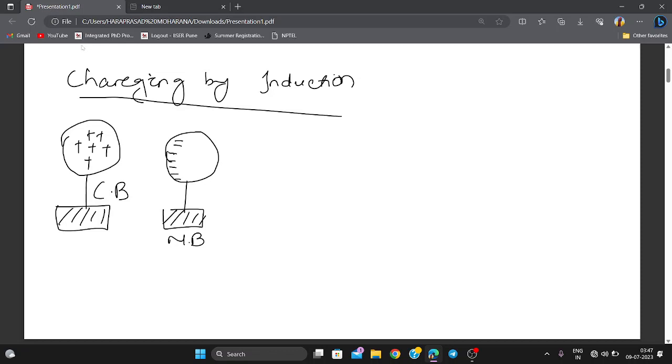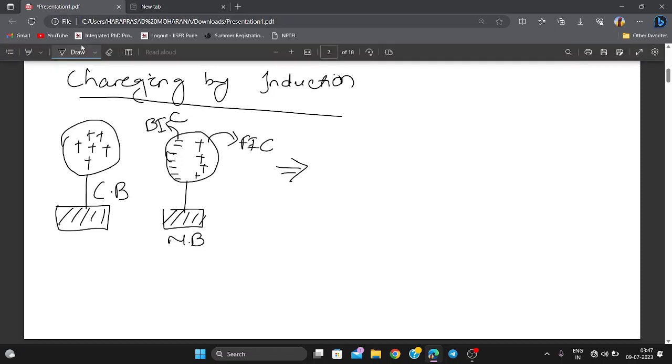Okay, opposite charge, because opposite charges attract each other, and the other side will acquire positive charge. This positive charge is called free induced charge, and this negative charge is called bound induced charge.